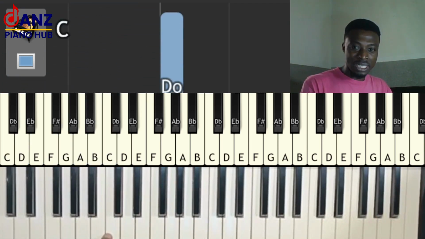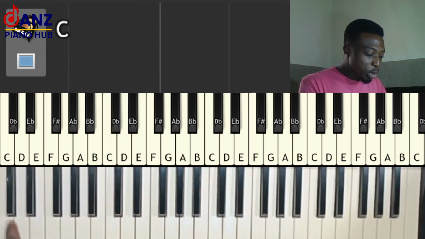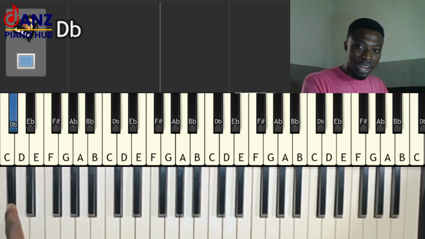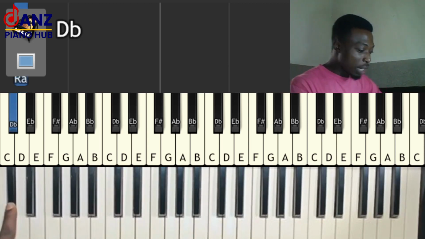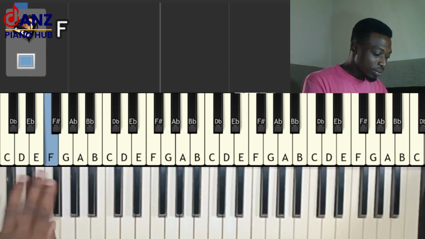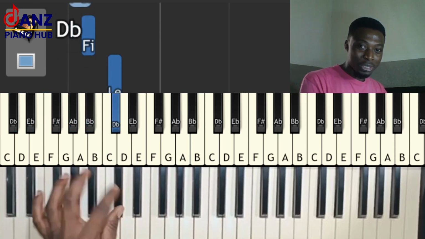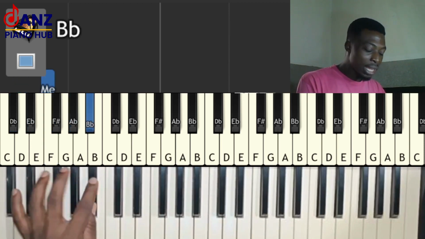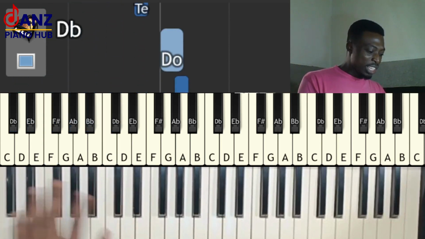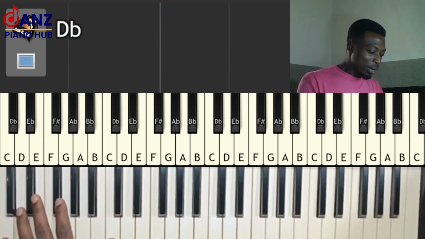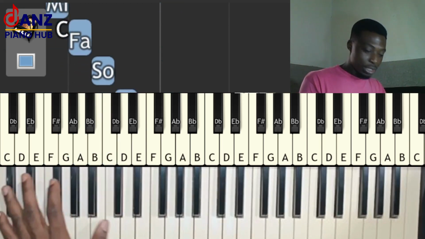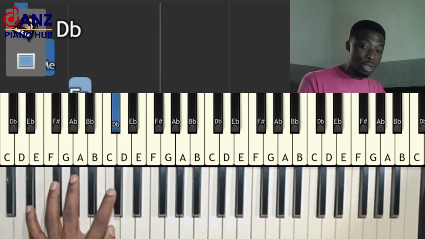But it is not constant, because if we shift that scale up one step to D flat, for example, and we still follow that formula, it still gives us Do, Re, Mi, Fa, Sol, La, Si, Do.